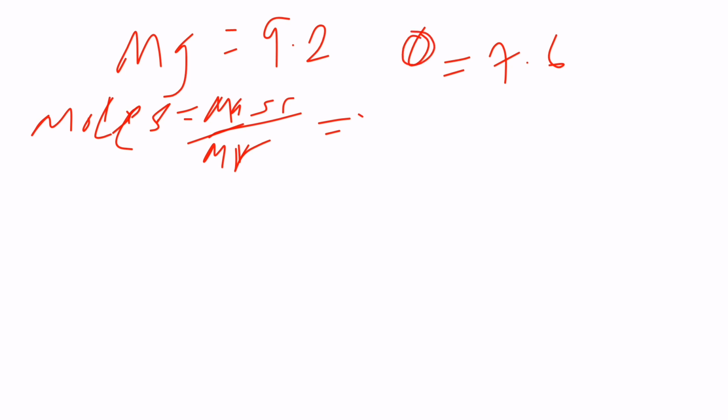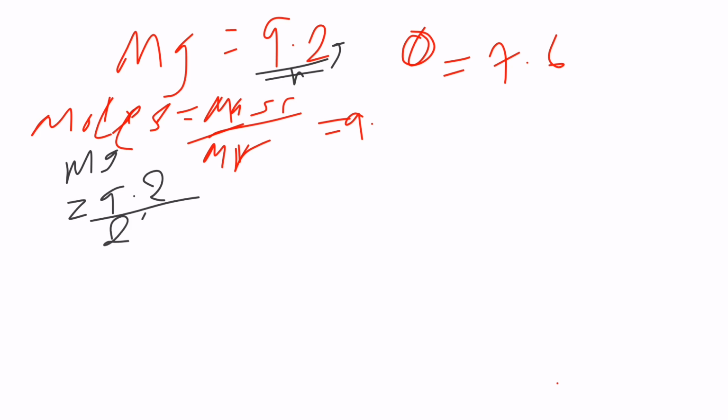So 9.2, we start with magnesium. That is the grams they have given you in the question, so 9.2 grams over the Mr. for magnesium. When you go to the periodic table, it will give you 24.31. Then you go to oxygen.